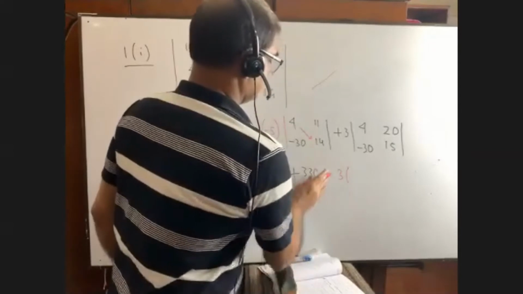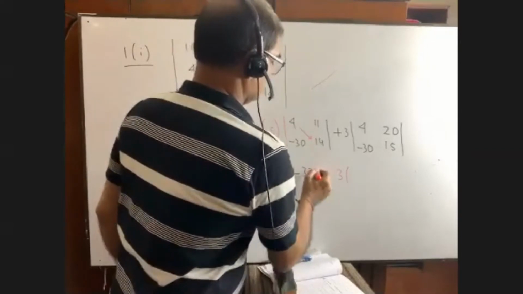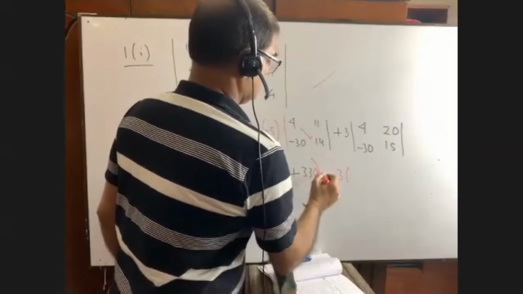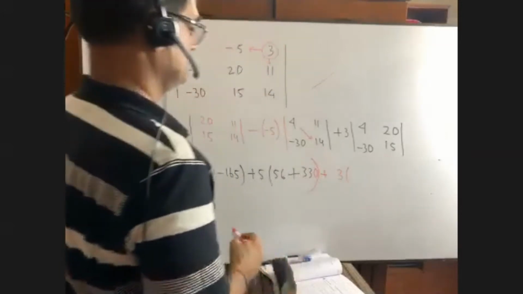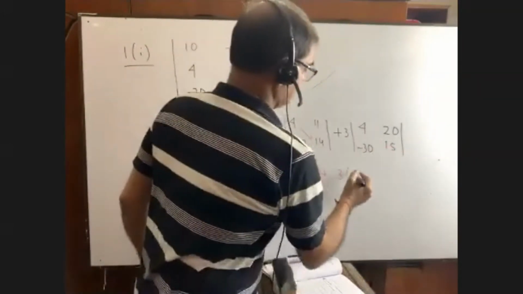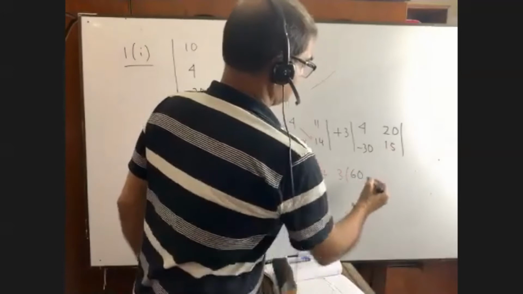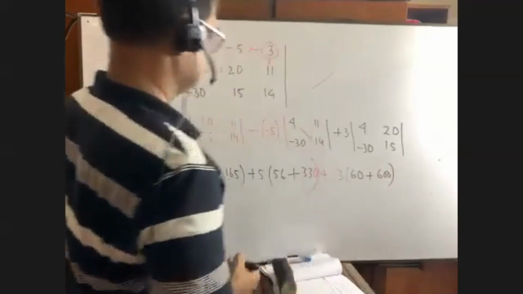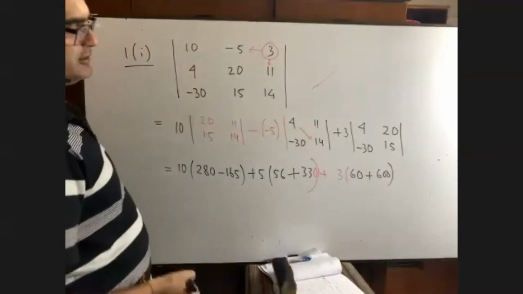And we are getting here what? 4 15s are 60, minus minus plus 600. Now please, one of you calculates.